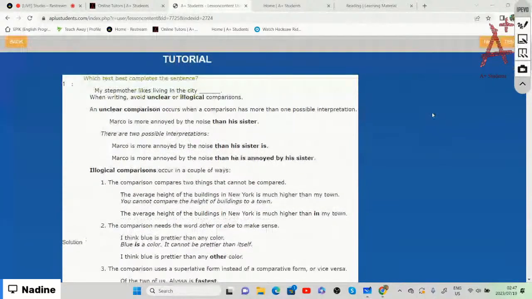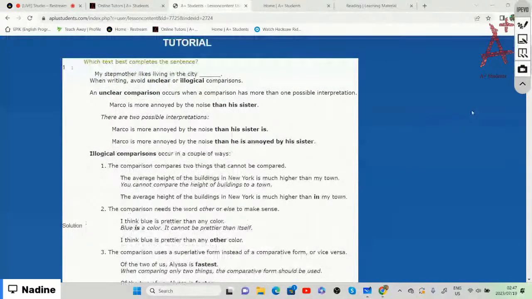Your comparison is illogical when the comparison compares two things that cannot be compared, or when the comparison needs words like other or else in order for it to make sense.